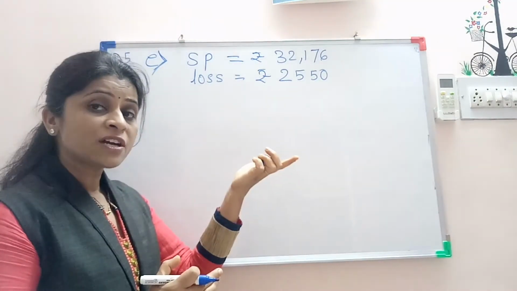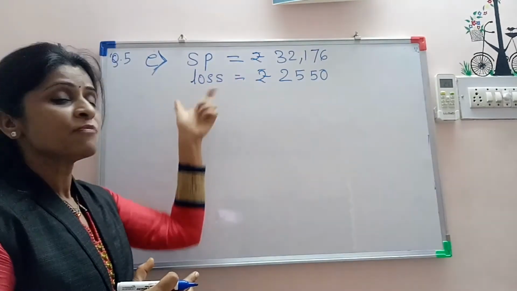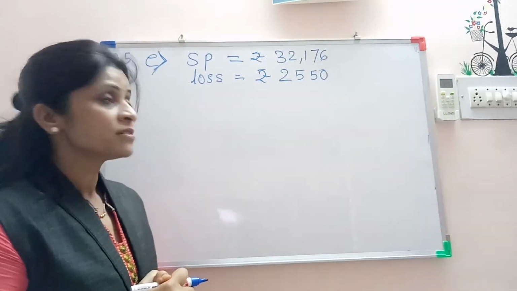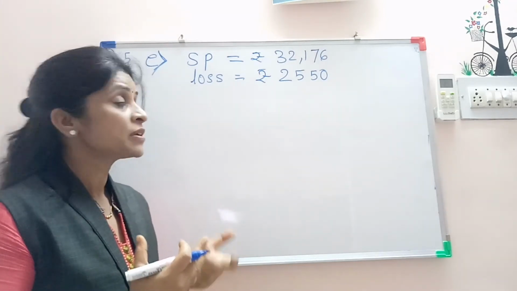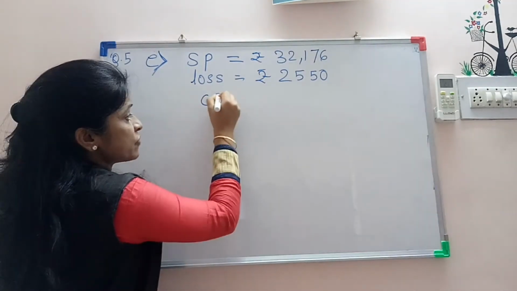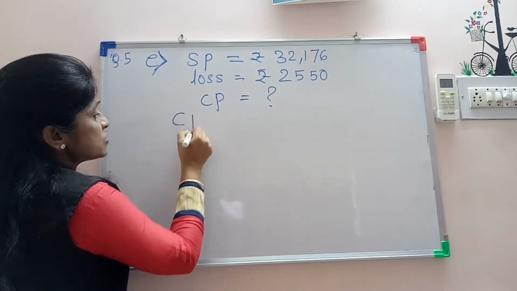Now you have to find out at what price had he bought a mobile. Means here bought means buying price, that is nothing but the cost price of the mobile you have to find out. Now cost price you have to find out.